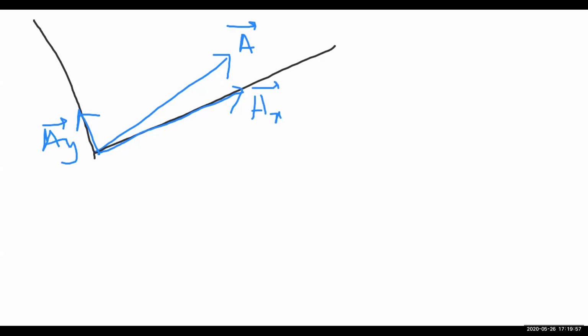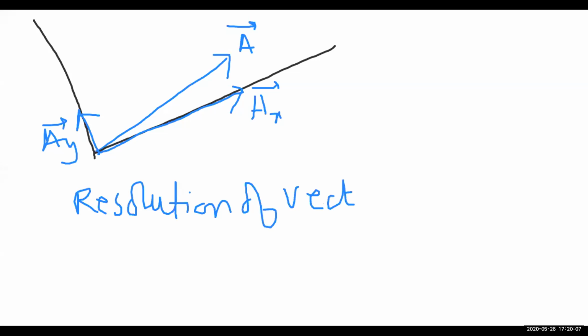You may choose an axis like this. You may choose a normal horizontal vertical axis. Once the axis is chosen, then you are going to resolve the vector into its components. Right? So if this is the vector A, this is the x component of the vector, the y component of the vector, then this process is called the resolution of vector A into its components.